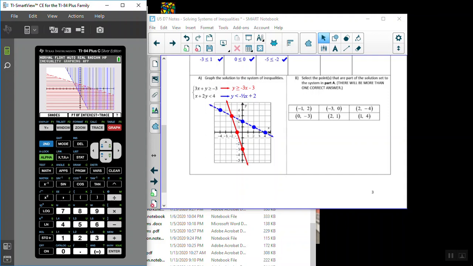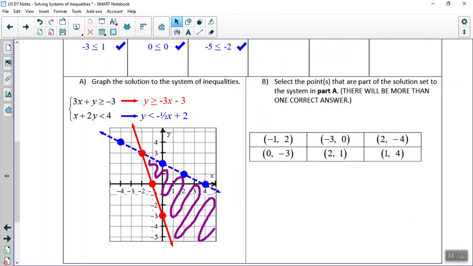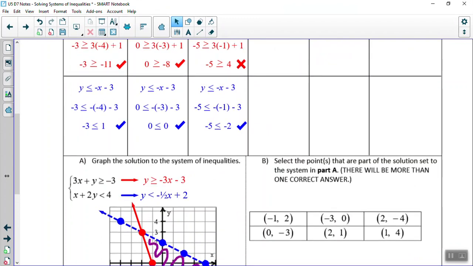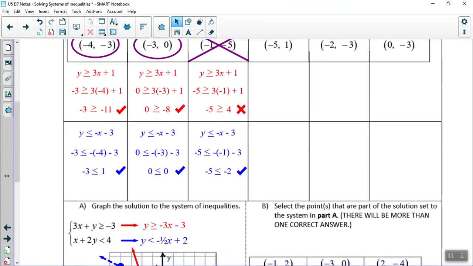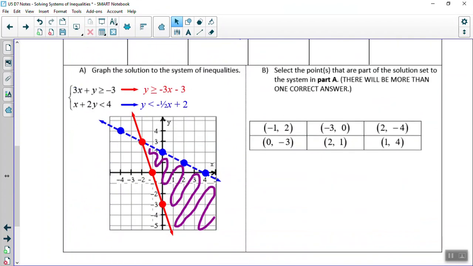We can graph, and so we can see that I'm going to have shading here as my solution. So if we did the alpha y equals, selected 1, we can see this is where our solution should be. All right, this one here is going to be very similar to what you did up here. So I'm going to have this be a try on your own.